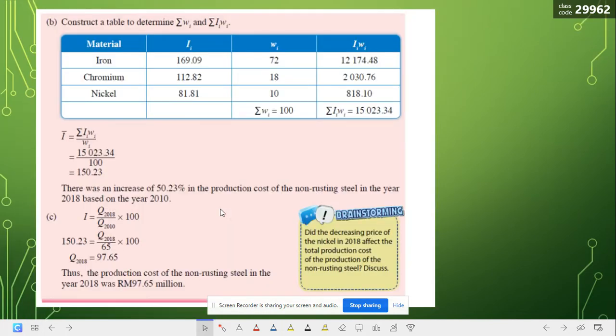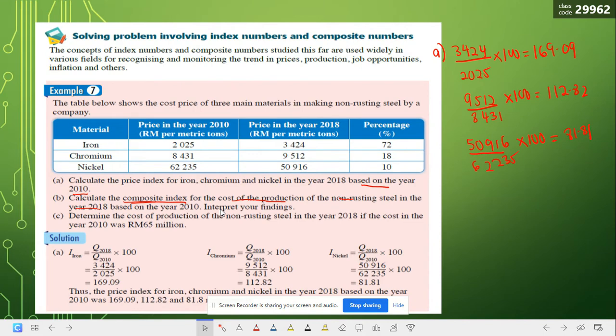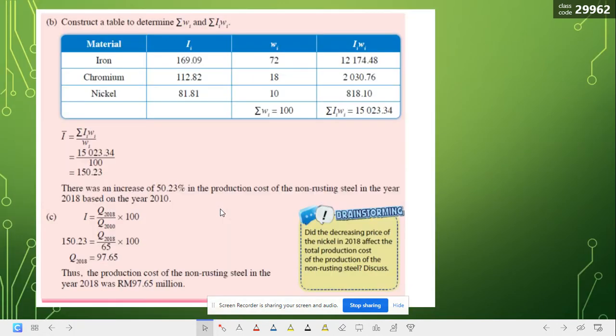And for C, the question asks you to determine the cost of production of the non-rusting steel in the year 2018 if the cost in the year 2010 was 65 million. So we use the composite index, 150.23.